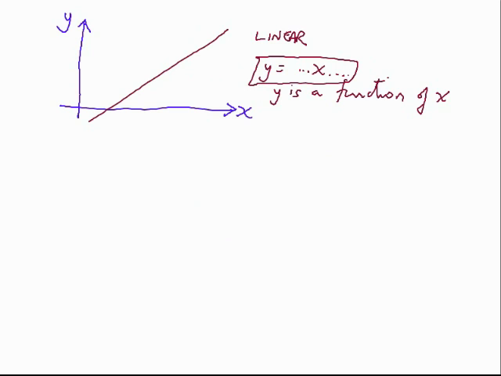Now, what will happen when we have functions which do not involve just an x to the power of 1? Suppose, for example, that we have a function y is equal to x times x. And what's x times x? That's just another way of saying x squared. So what we have is y is equal to x squared.